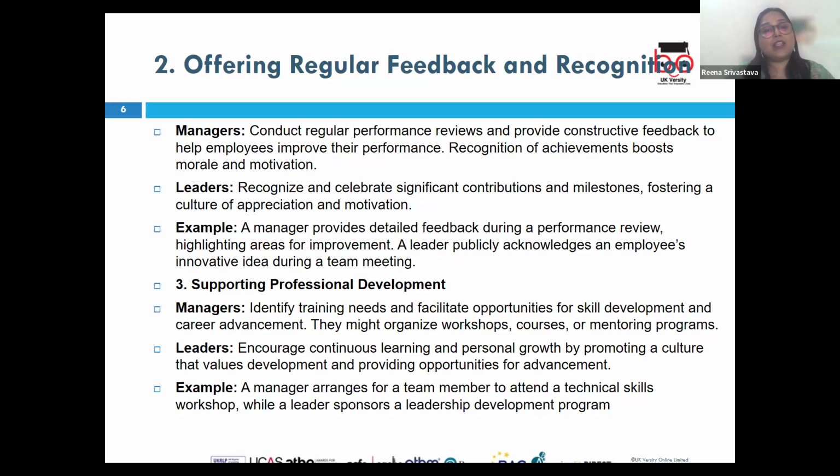Now, for example, a manager may conduct career development discussions with team members. And usually it is done as a part of the performance review where the manager sits down with the employee and helps them in identifying their areas of growth. And they may recommend some specific training programs or courses, providing them with on-the-job learning opportunities.